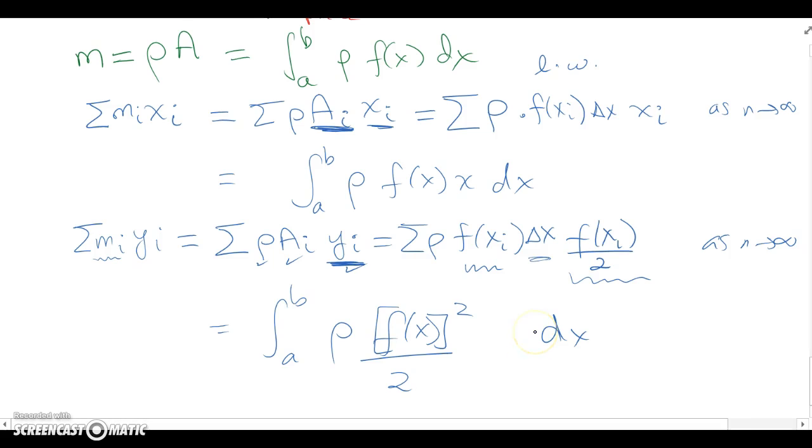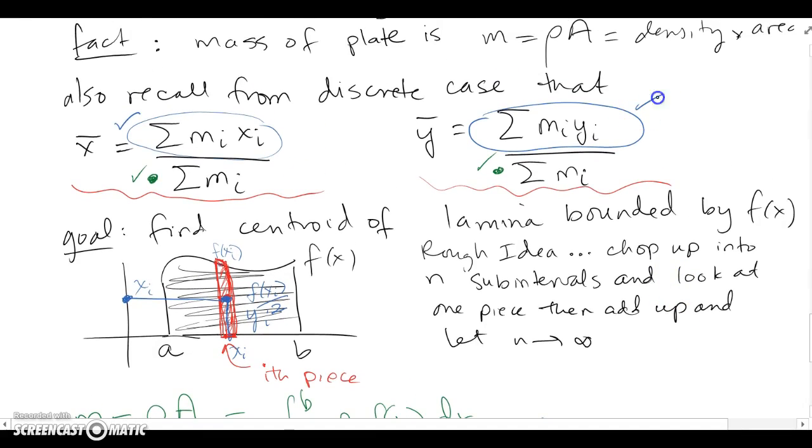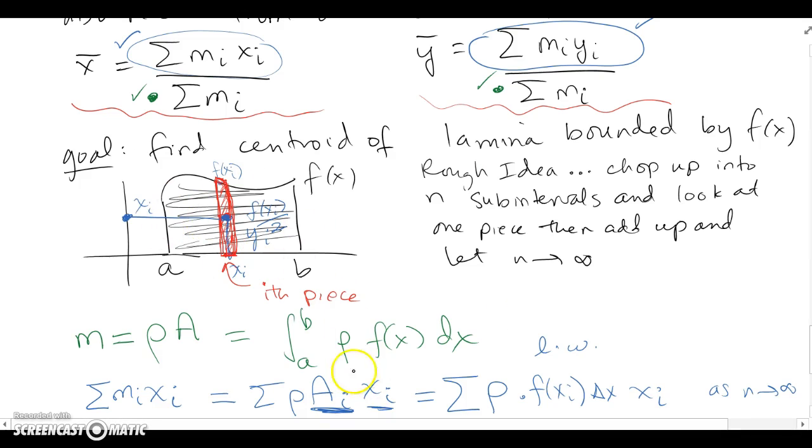So now we have the second piece that we needed as well. We got the moment in y, sum of mixi for this continuous region, and we got the moment in x, sum of miyi, and we already know what the mass of the entire region is as an integral.